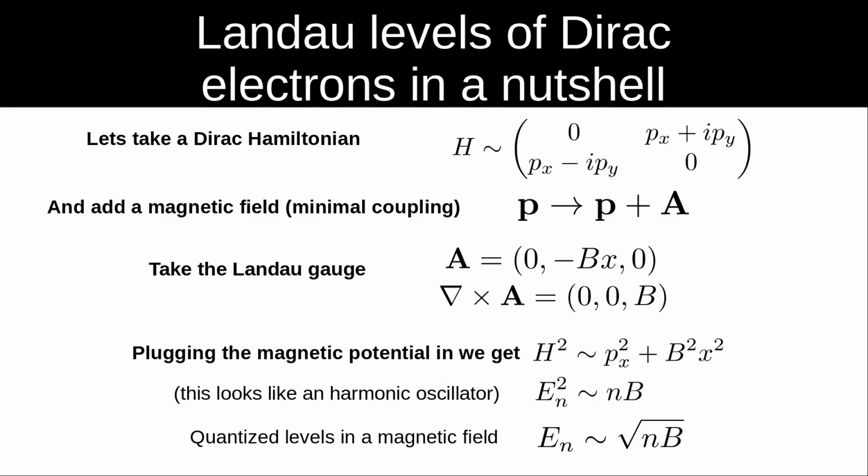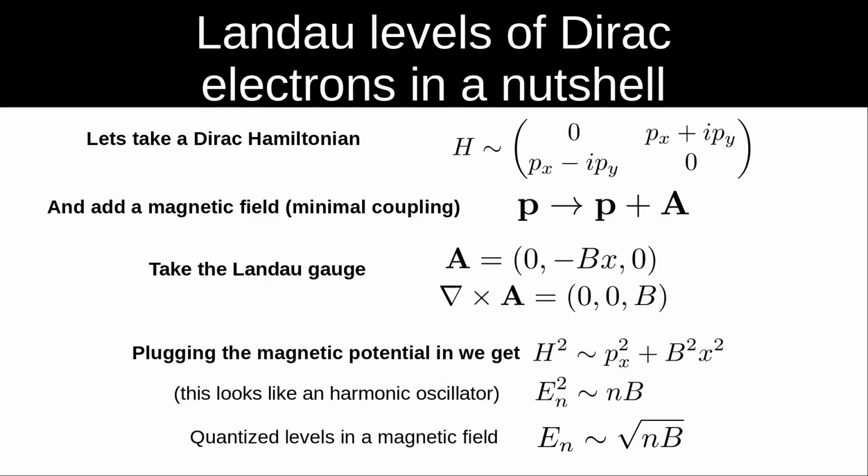And in practice, you get that your energy square is essentially the energy of a harmonic oscillator. So the energy of the Landau level is the square root of the energy of a harmonic oscillator. This is the reason why in the Dirac equation, we get the square root of b instead of b.